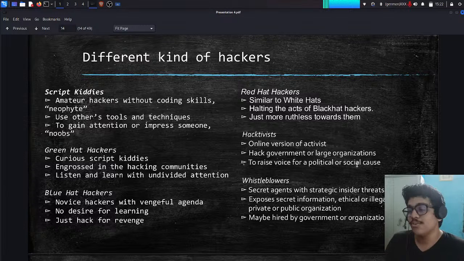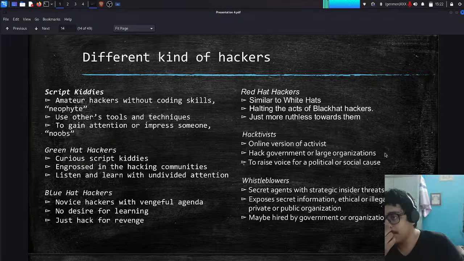They hack the government, they blackmail them, they just want to prove themselves and raise voice for a political or social cause. For example, if there is a social cause and the government is not paying much attention to it, they hack government websites and do DoS attacks on them, and boom, all websites are down.